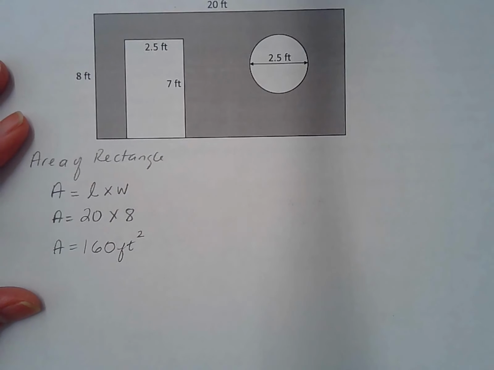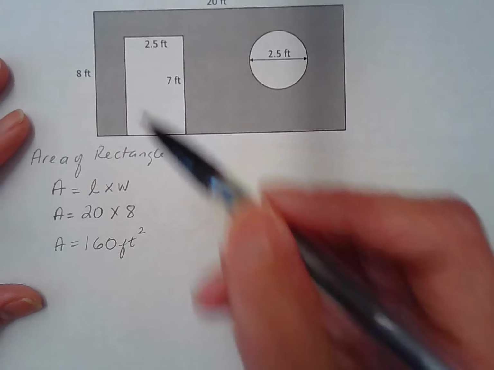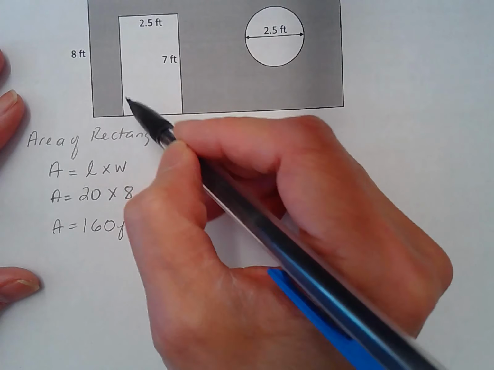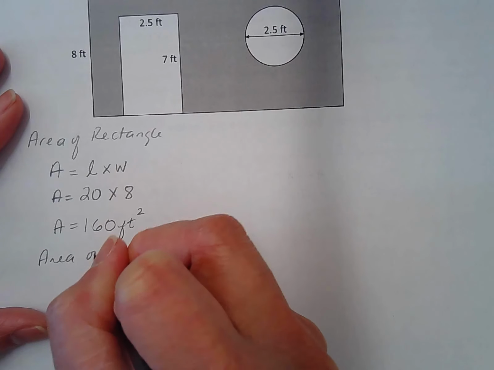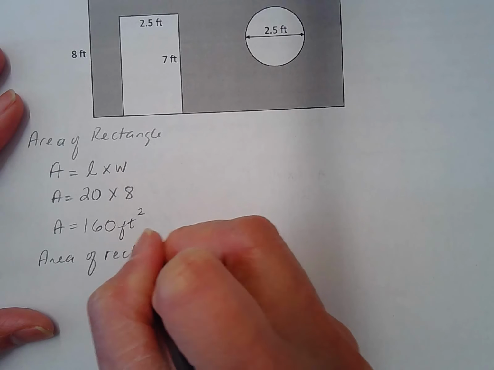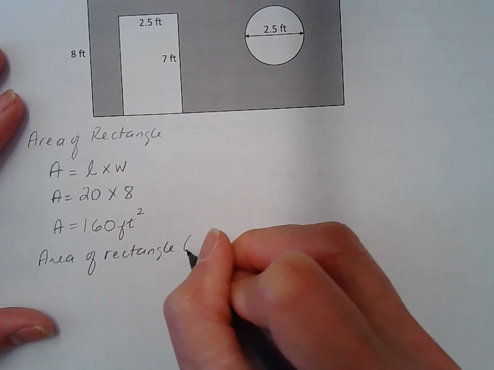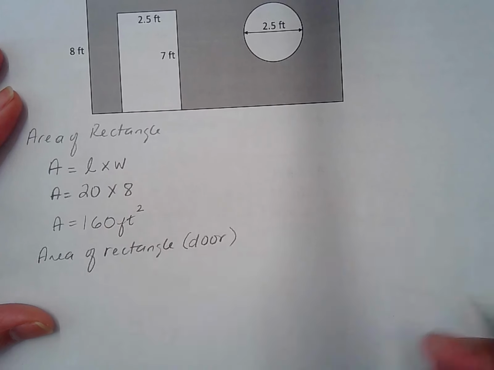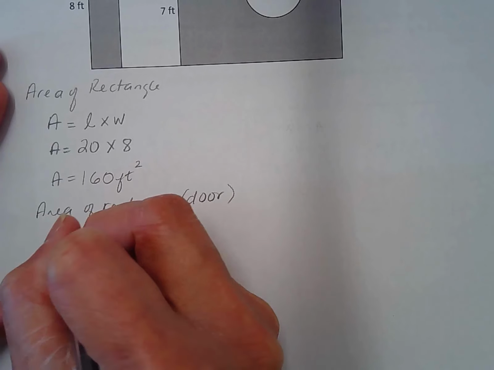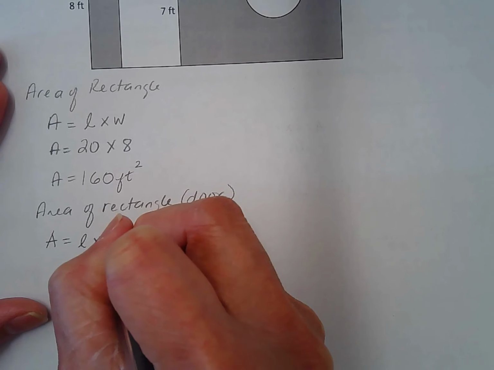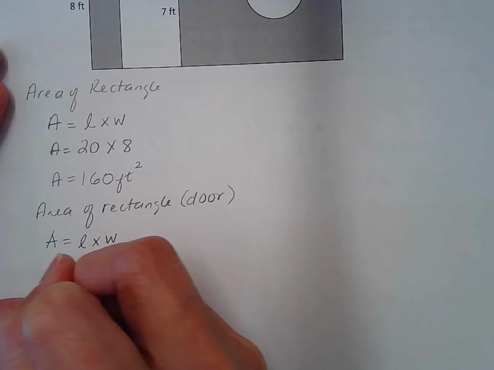So what we're going to do is figure out the area of the door. Area of a rectangle, and this time it's the door that we want. Area A is length times width.